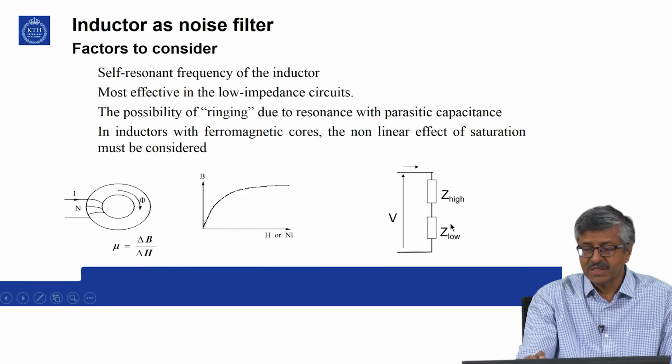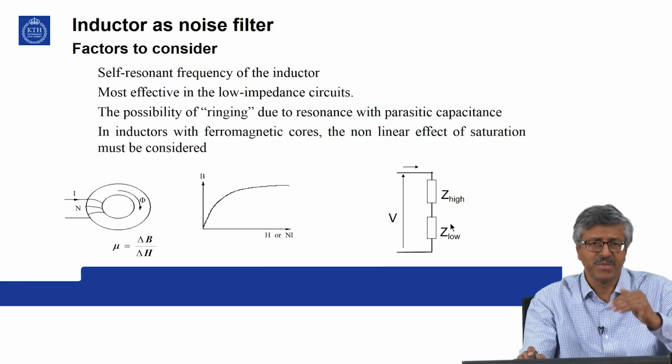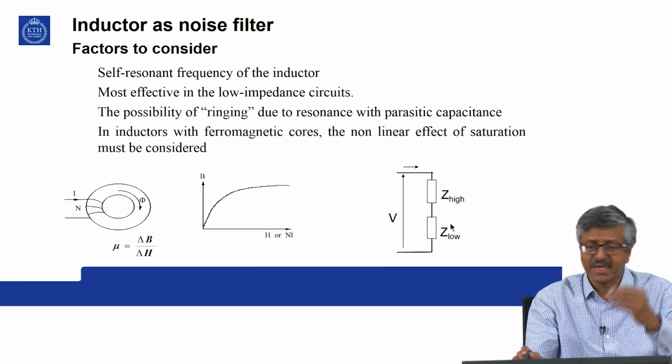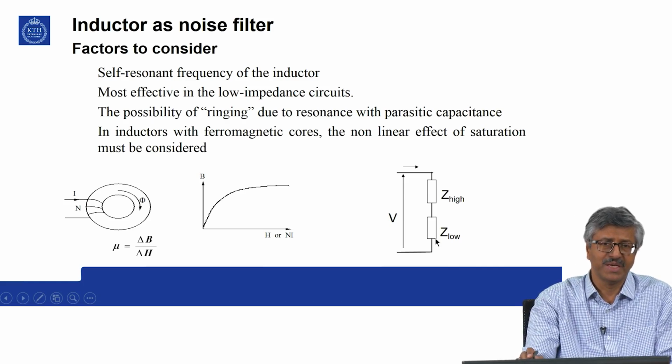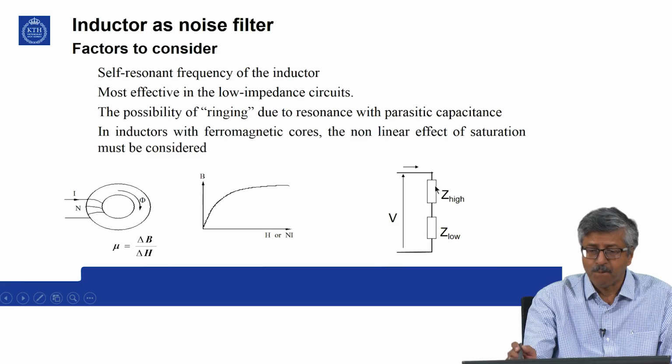As the frequency is increasing, the inductor impedance is also increasing, and it should be much higher than the normal impedance of the circuit, which is easy if your circuit already has a low impedance.